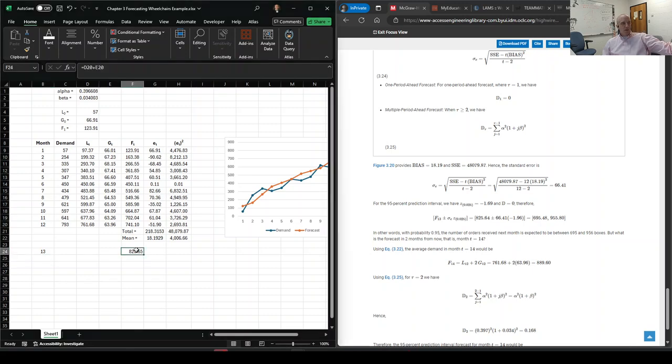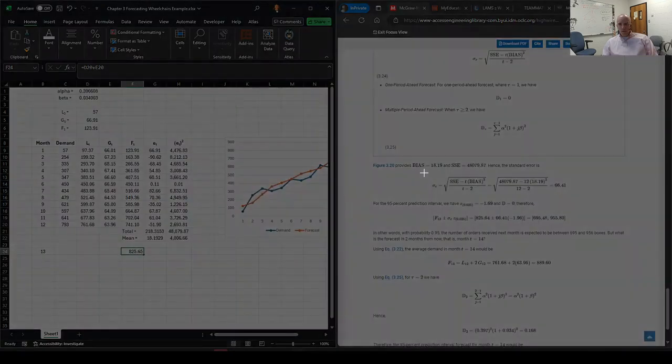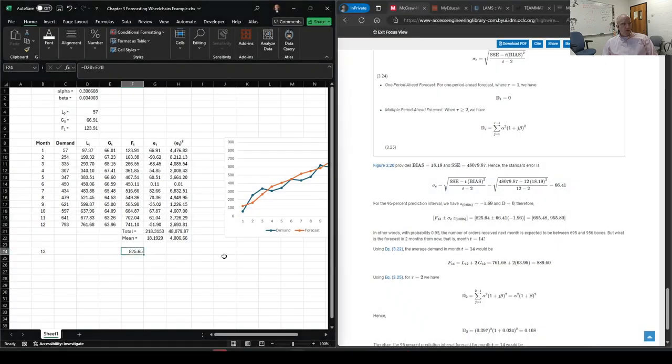Right now we have a point forecast, but we can create an interval. And the way we do that is we use this formula. In fact, let me go ahead and copy this from the book into here, just to give us a good grounding, a good sense of what we're doing.